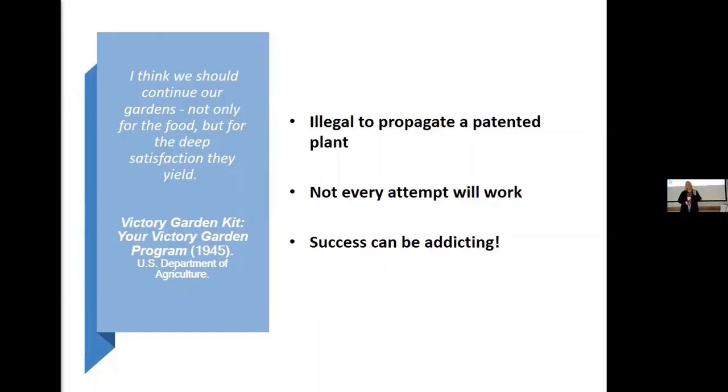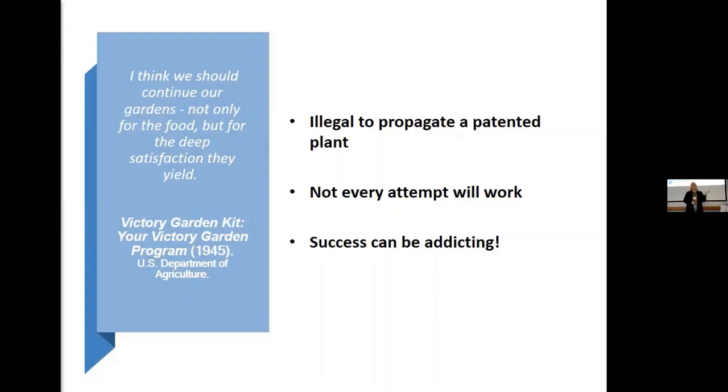So an example, the original Endless Summer hydrangea was patented in 2004. I looked this up. After 2004, it is no longer illegal to propagate that plant. It is, however, still illegal to sell it and call it the original Endless Summer. So there's patents and trademarks.